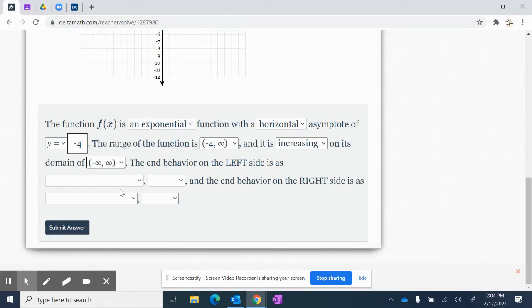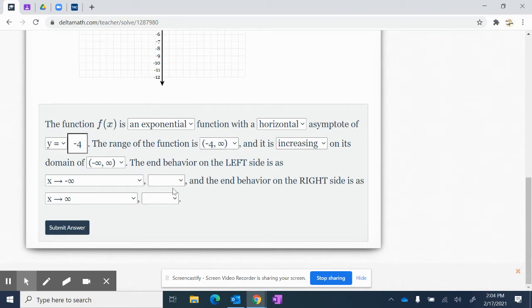The end behavior on the left is as x goes to negative infinity. That's always the same. Where's y going? And the end behavior on the right is as x goes to positive infinity. Where's y going? So in class, I know I told you guys to line it up with the range, and I didn't really like that explanation after I thought about it and I helped some kids out.